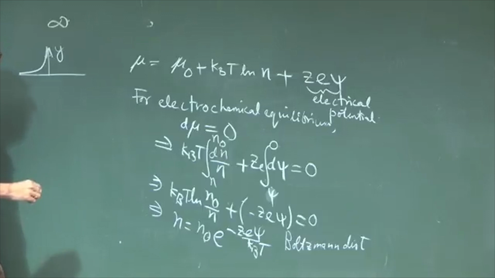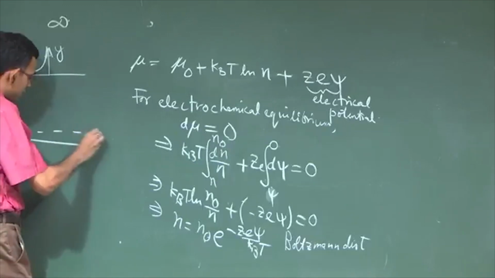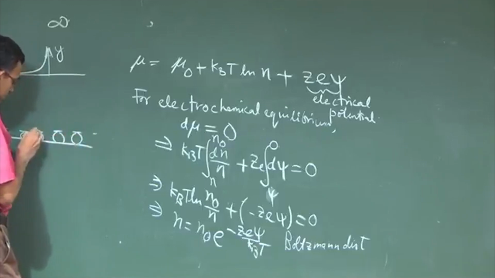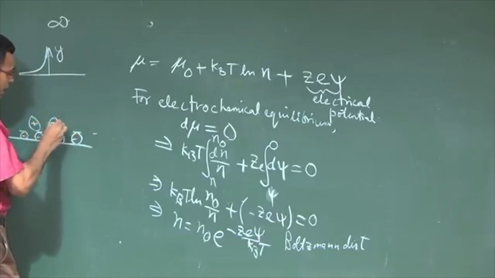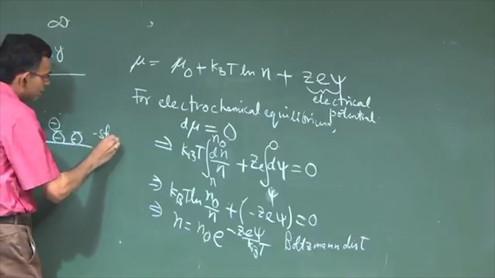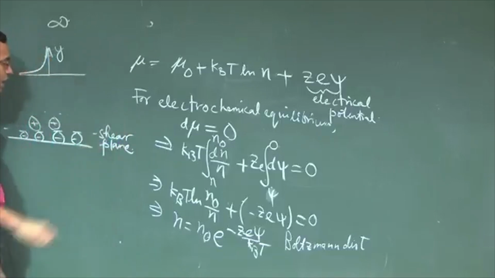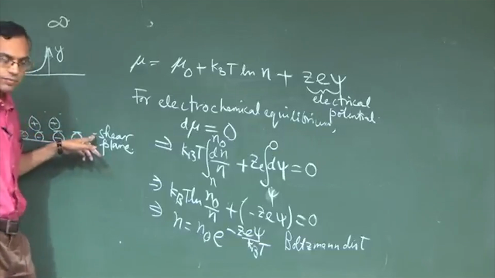So, now if you think of the electrical double layer, you have the Stern layer like this and the diffuse layer like this, whatever. This demarcation between the Stern layer and the diffuse layer is called as shear plane, and the potential at the shear plane is called as zeta potential.